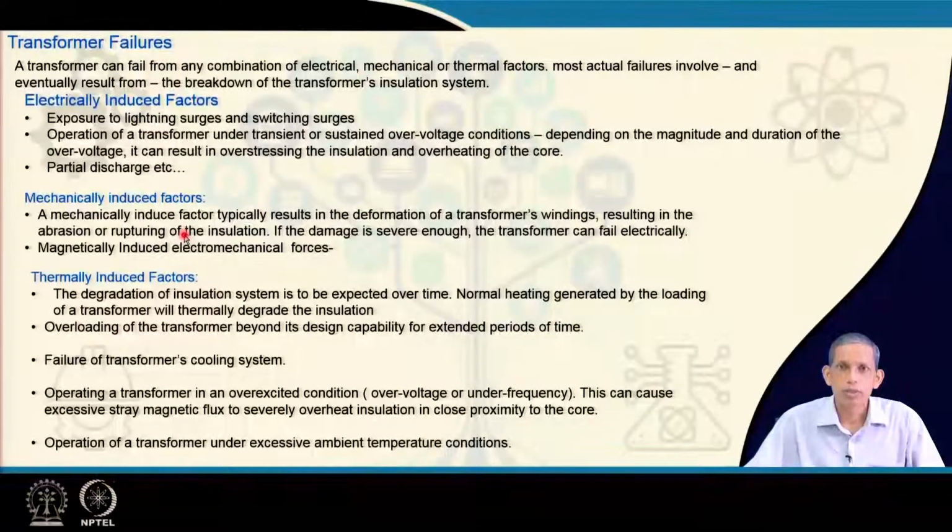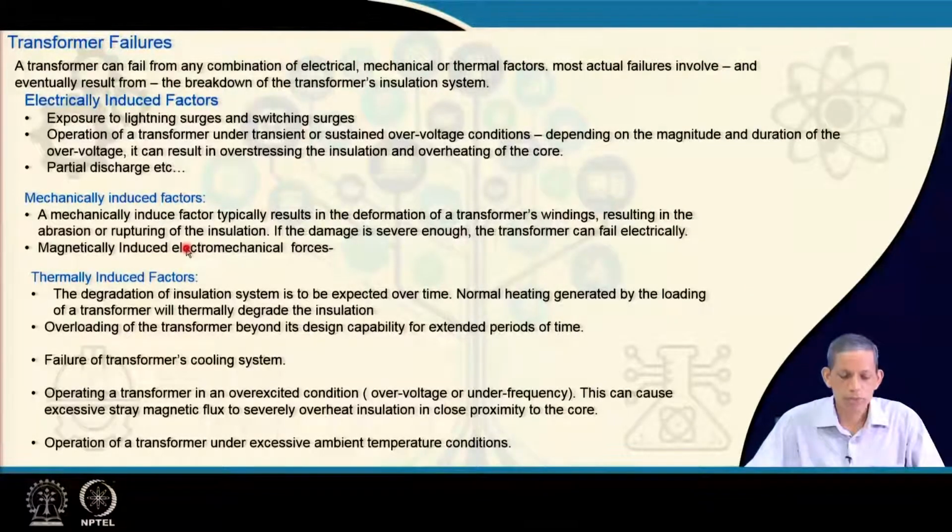Thermally induced factors: slowly the insulation degrades due to aging, with continuous heating due to the loading of the transformer. Overloading of the transformer beyond the designed capacity degrades the insulation faster. If the cooling system of the transformer fails, there will be more heating in the winding and associated insulation.